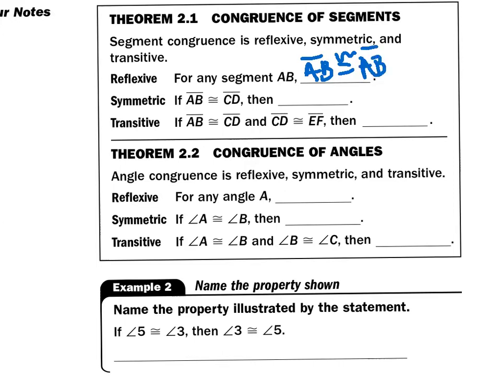And then if AB is congruent to segment CD, then we can say CD is also congruent back to AB. And transitive, if AB is congruent to CD, and CD is congruent to EF, then AB is congruent to EF.